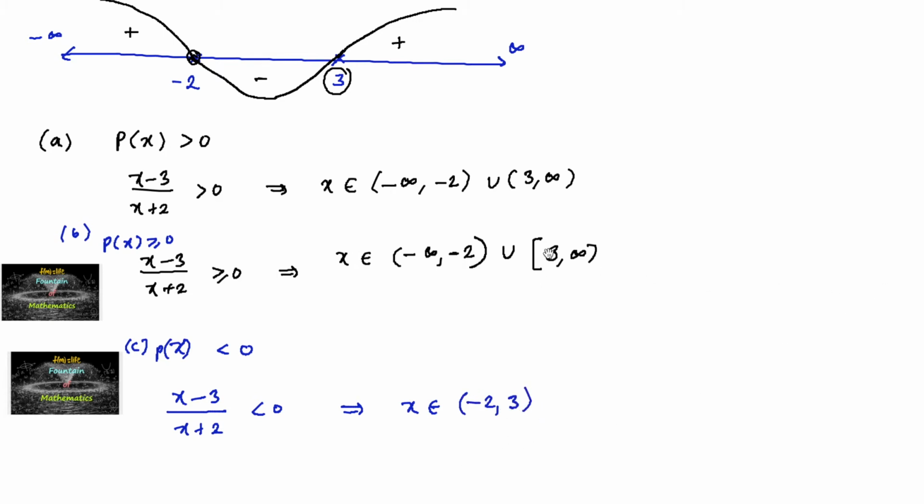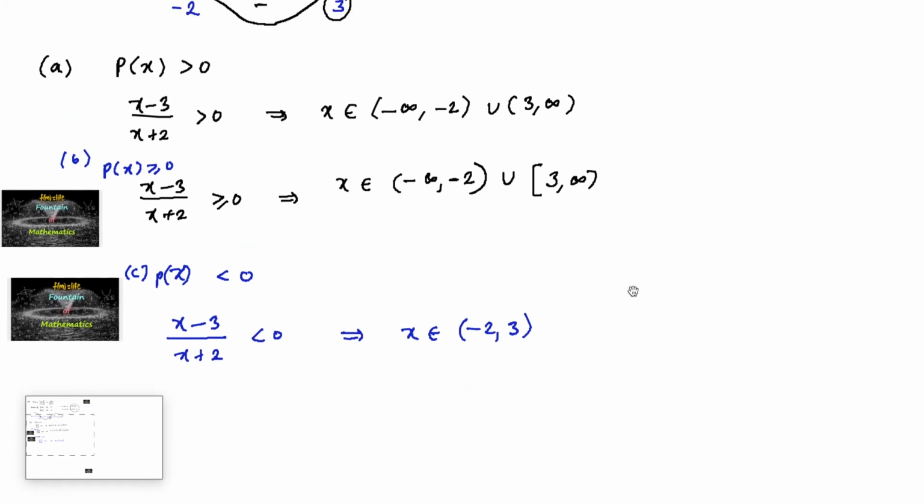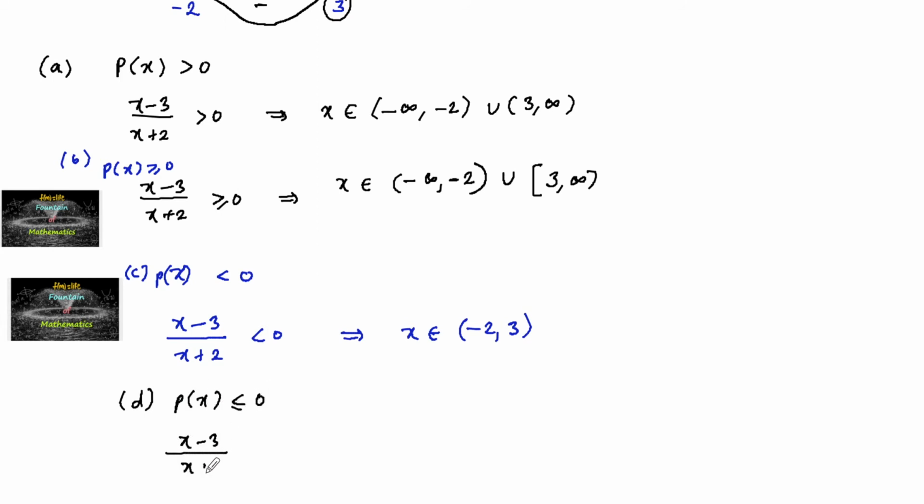And for p(x) ≤ 0, that is (x − 3)/(x + 2) ≤ 0, whenever it is less than or equal to 0, we can include some of the roots, but here −2 should not be included to define the function, and 3 can be included.